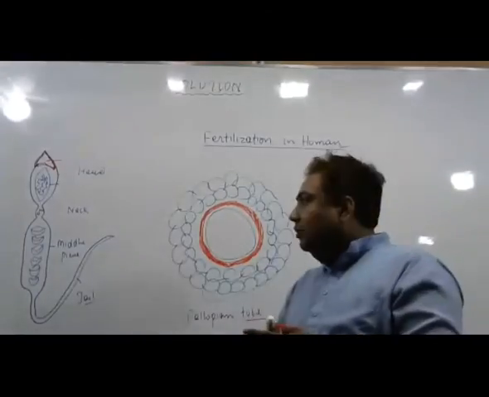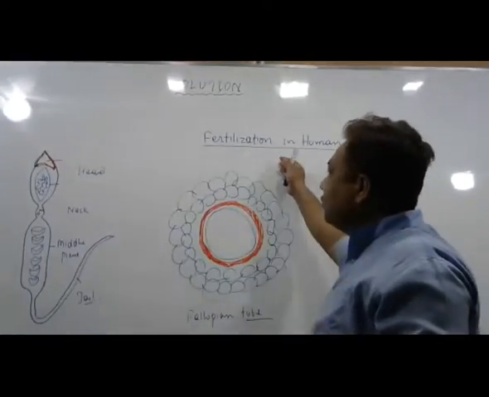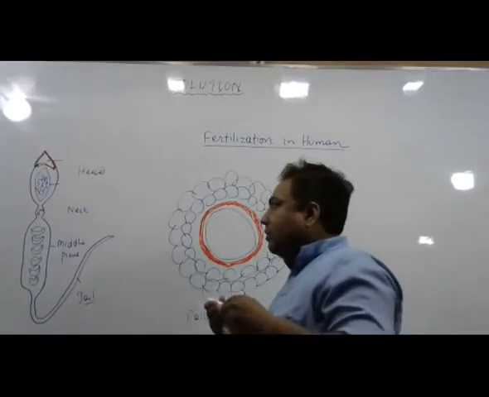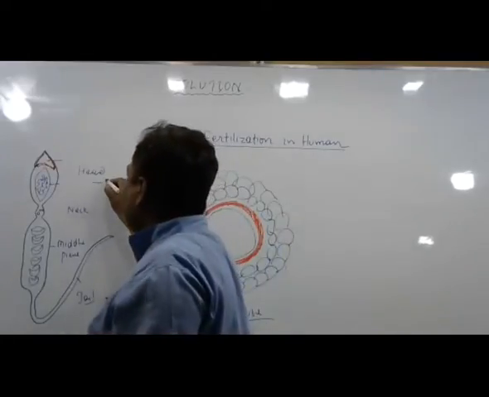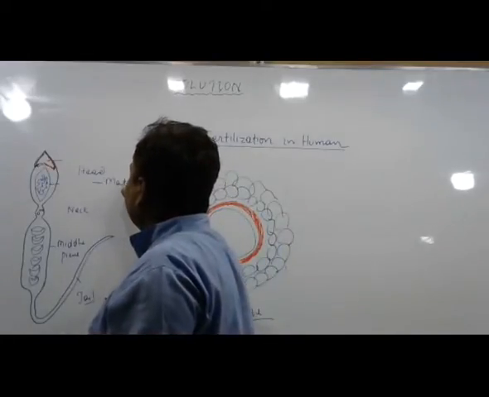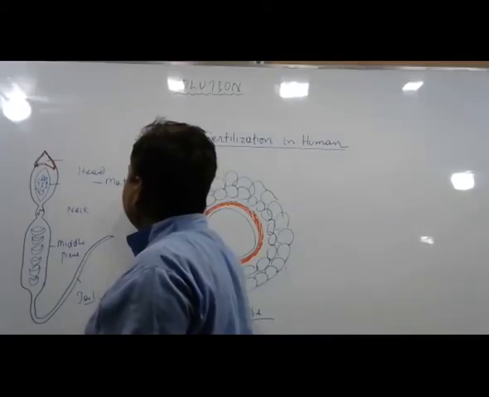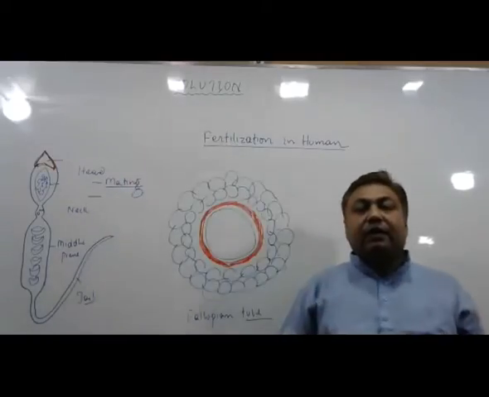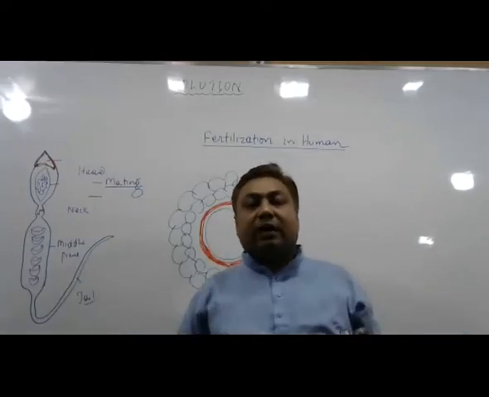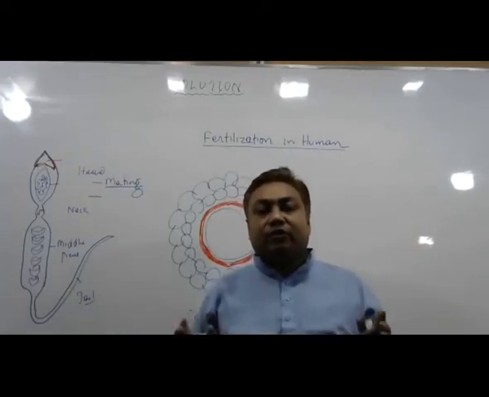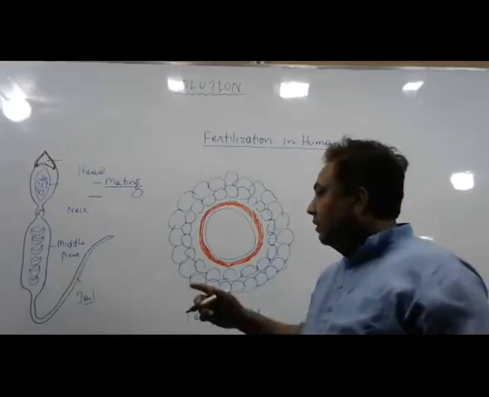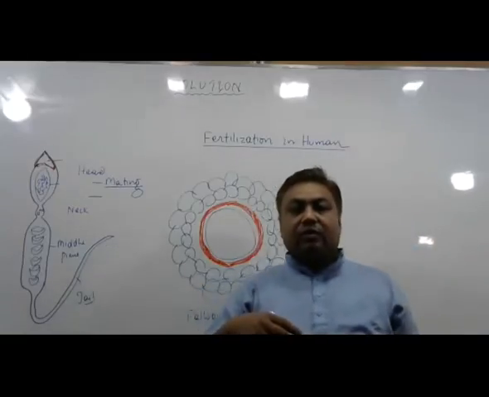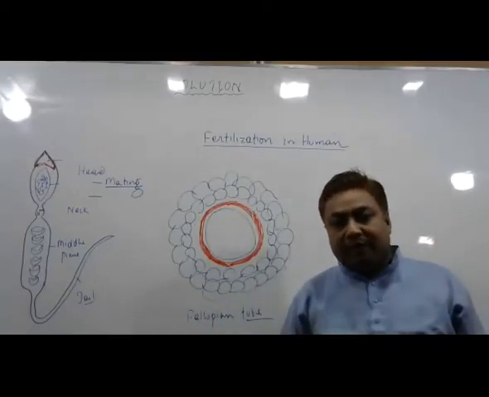So the first thing in the process of fertilization is what? Mating. Mating is the process. The second thing is what happens in the vagina? Capacitation. Capacitation means activation of a sperm. The tail starts whiplash-like movement.